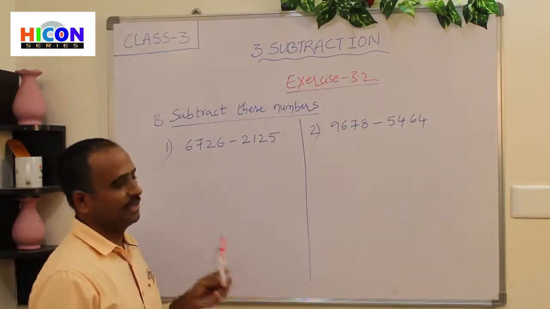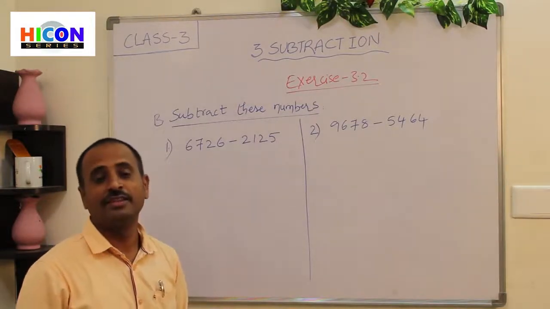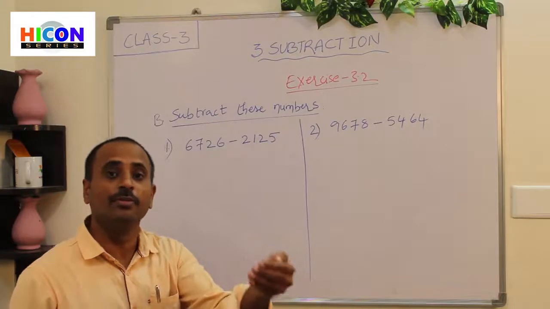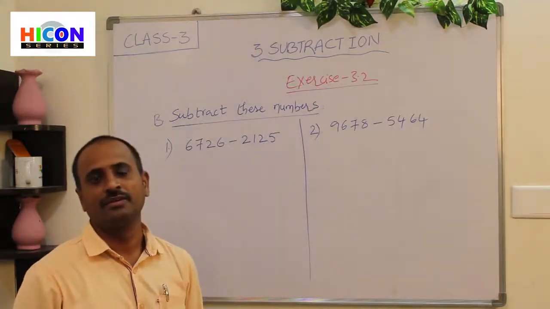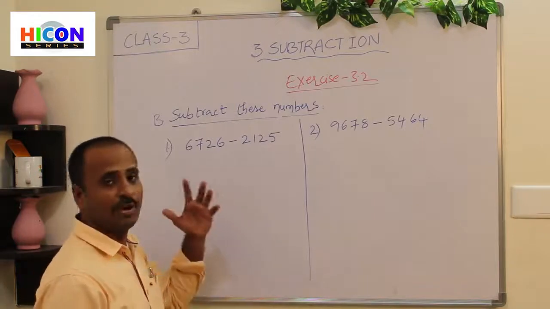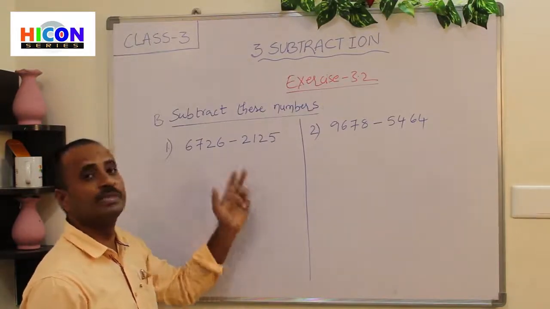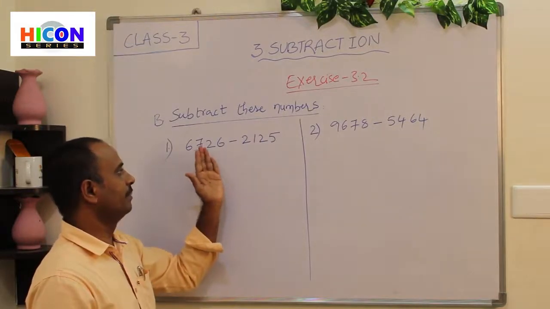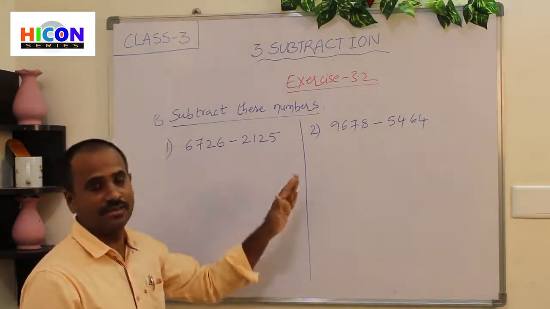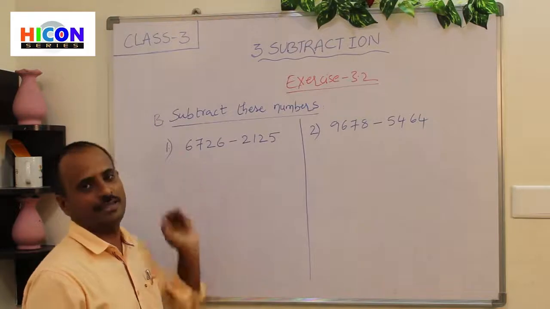So here in the previous section they have given the numbers one below the other and we have done the subtraction. Here they have given the 2 numbers one beside the other. If the numbers are given one beside the other, this is called horizontal subtraction.